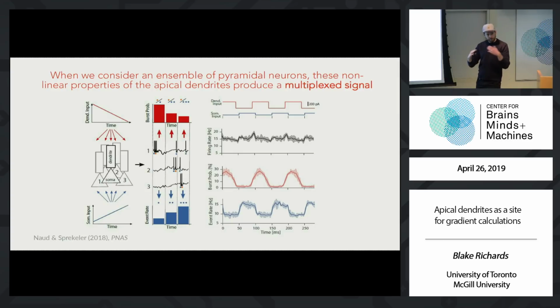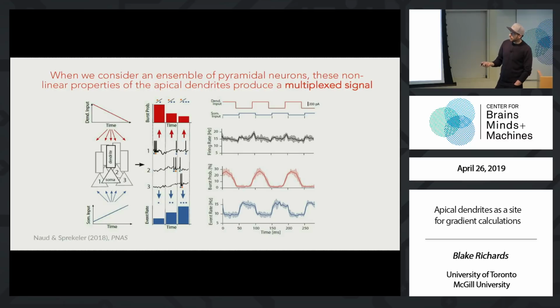So we've got these 2 different signals in the system, and what Richard showed, which was cool, is that if you look at just the firing rate of the neuron, when you're injecting current into these 2 different compartments, it's hard to interpret what's going on. You kind of see some responses to changes in the currents, whatever.